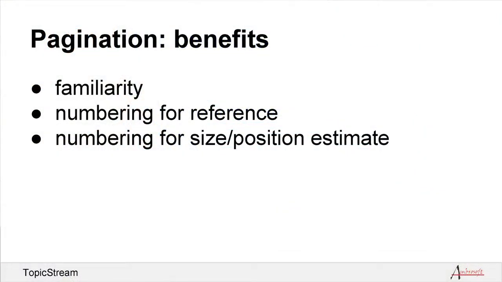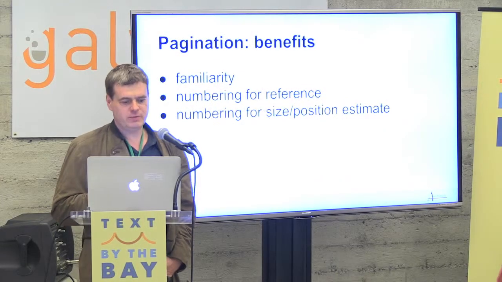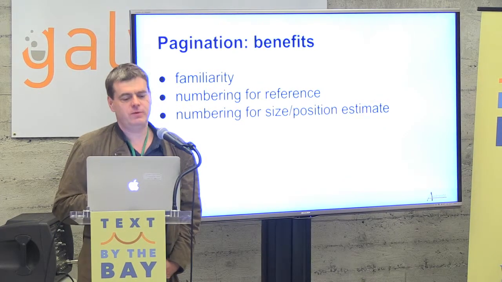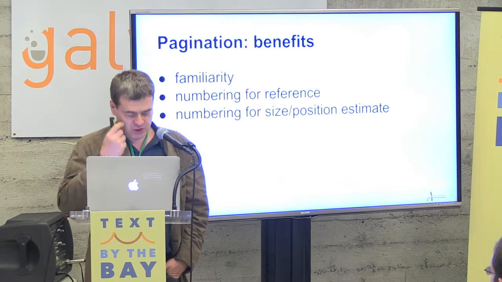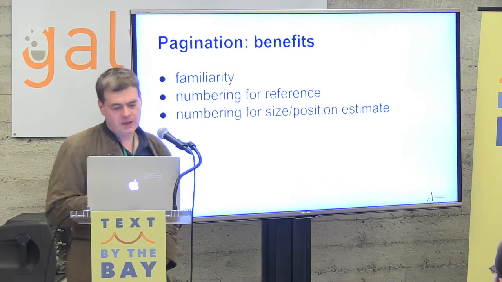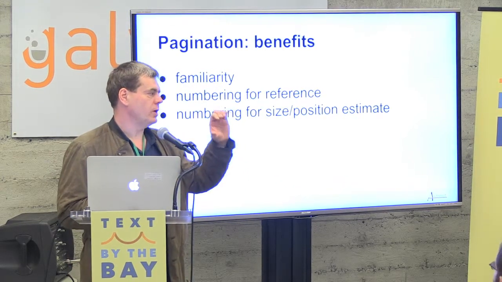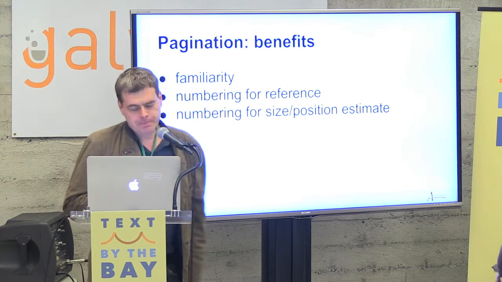So speaking of pagination, pagination is clearly a legacy inherited from paper books, and it has some goodies. For instance, everybody is familiar with pagination, and it can be used for reference. Something was found on page 54, and it also gives you a sense of where you are in a book.